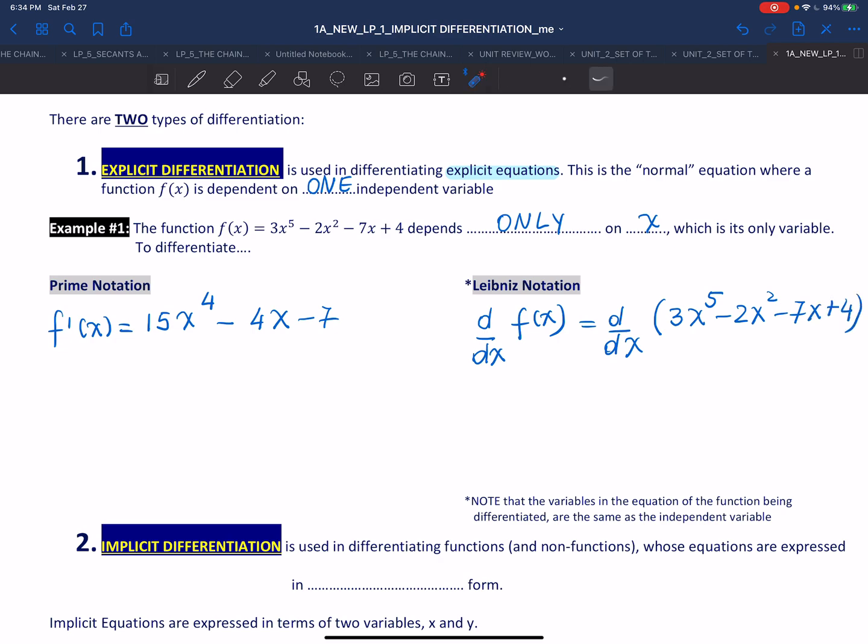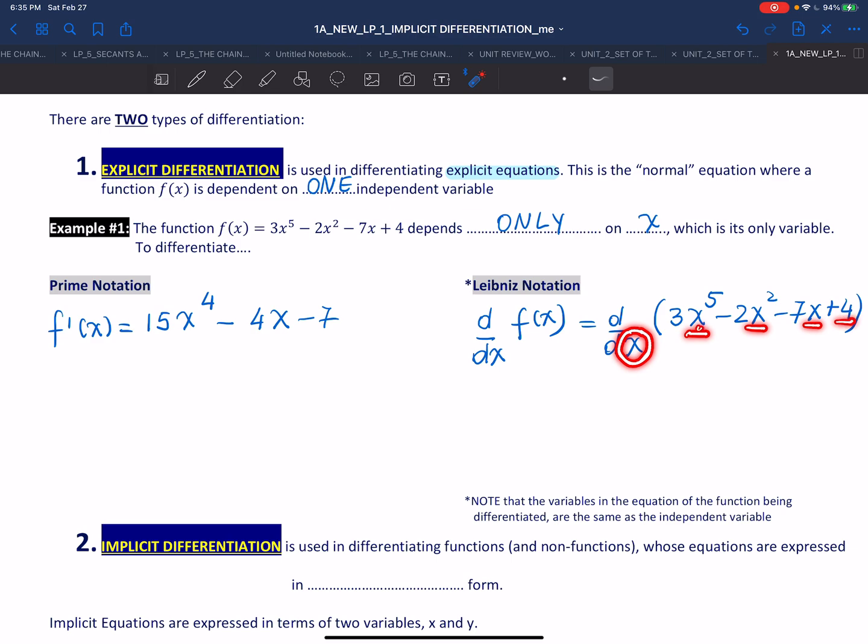I want to bring your attention here to the variable in the equation of the function, or the expression that represents the function, and the variable in the derivative. So this indicates that we are differentiating in terms of x. And the only variable we see in the equation of the function is x.